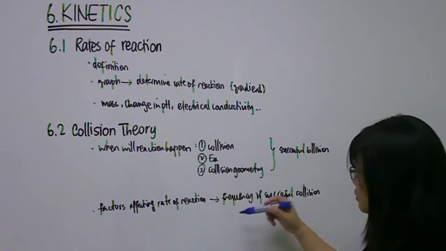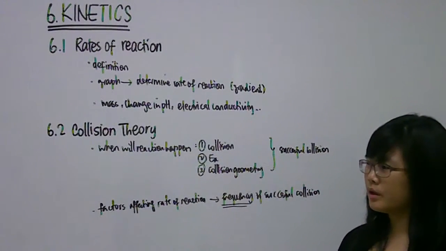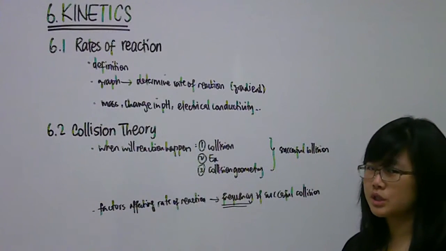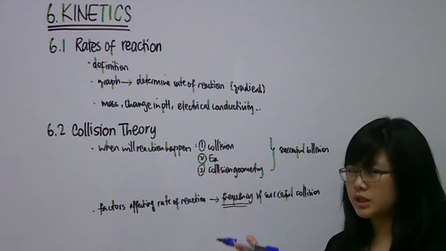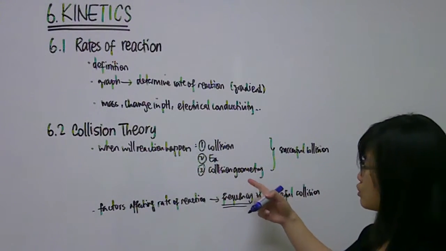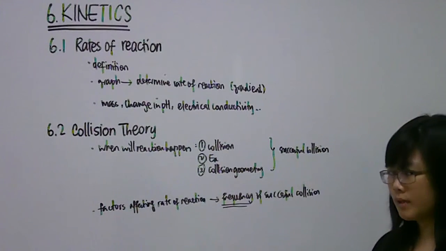I think one word to take note of here is frequency. Students generally like to say number of successful collisions. That's not very correct because what's important is the number of collisions in a certain frame of time or period of time. So either we should use frequency or number of successful collisions in a period of time.